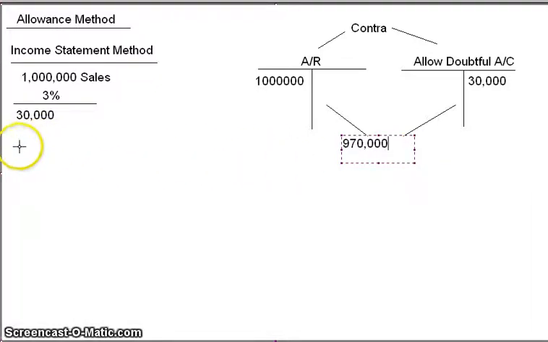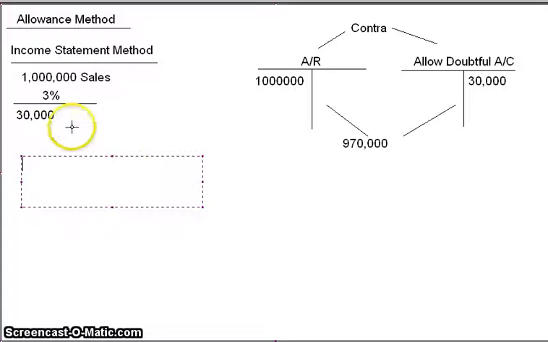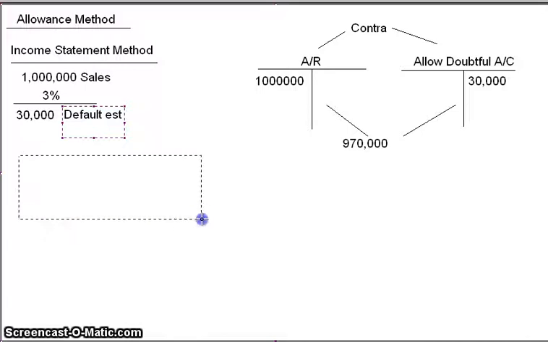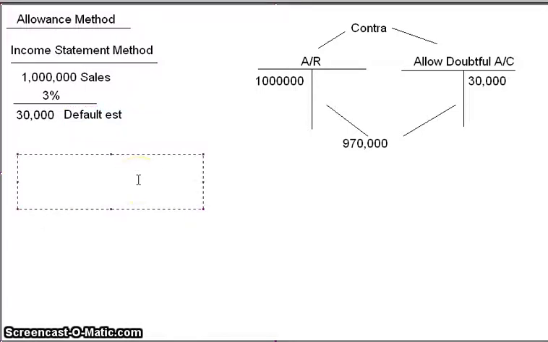Now let's see how the journal entries work for this. The journal entries work by first recording that full $30,000. Remember, this is just an estimate of the people that we think are going to default. It's our best estimate as to what people are going to default. So when we do the journal entries, we go straight to the allowance for doubtful accounts and the bad debt expense.